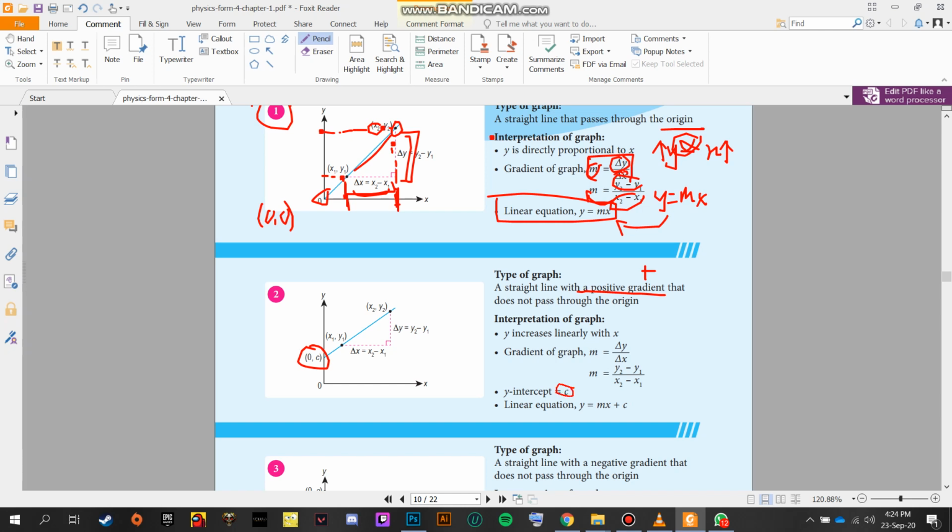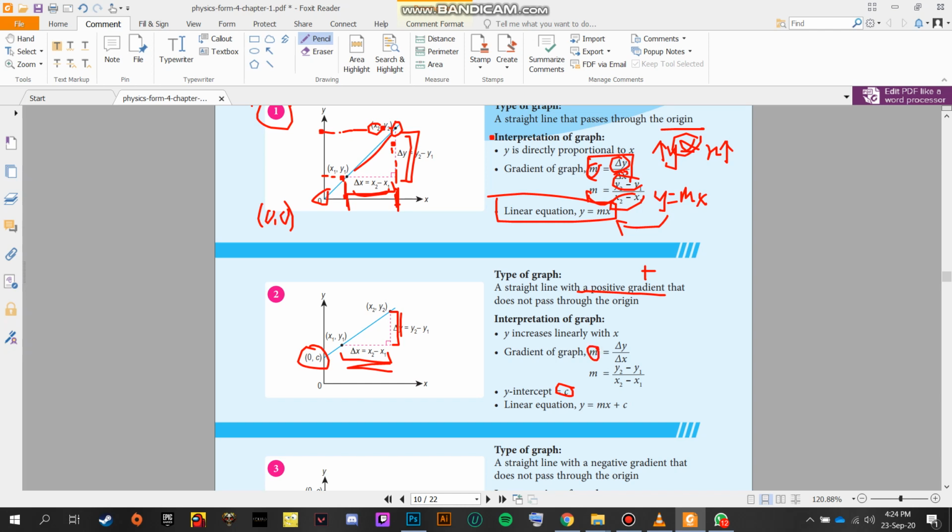There we go, an intercept c there. So again, we get y2 minus y1 here, which is just the change of y here, divided by the change of x is equal to the gradient.